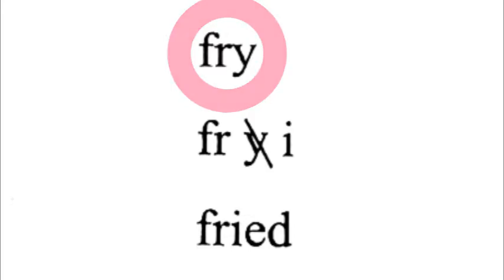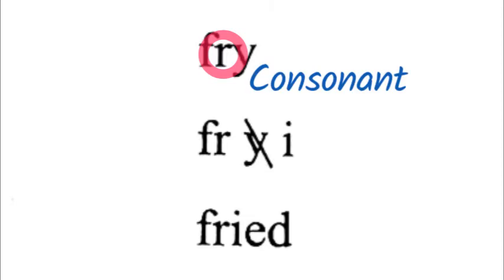Again the letter before y is R, a consonant letter, so we cut the y, add i, and then add ed. Fry becomes fried. Then the word copy. What is the letter before y? It's the letter P, a consonant letter. So we cut the y, add i, and then add ed.